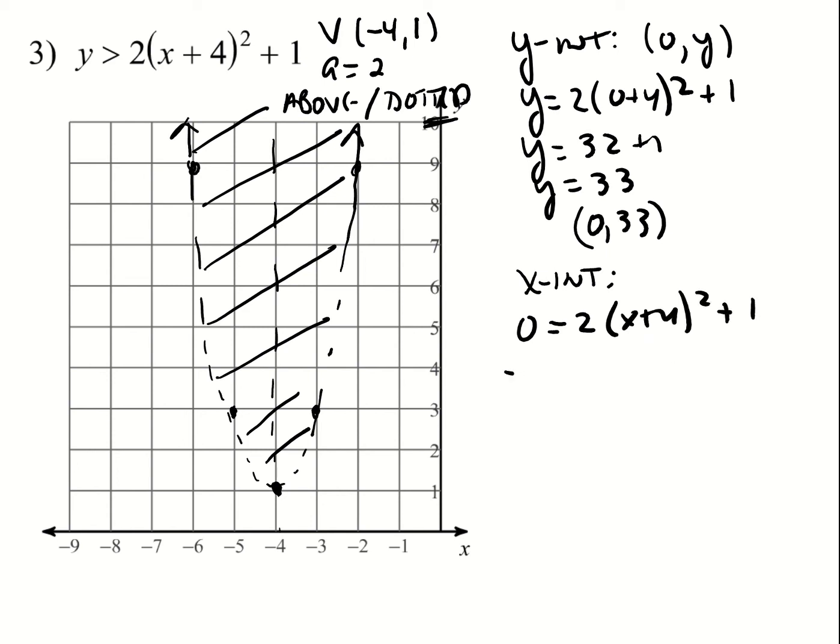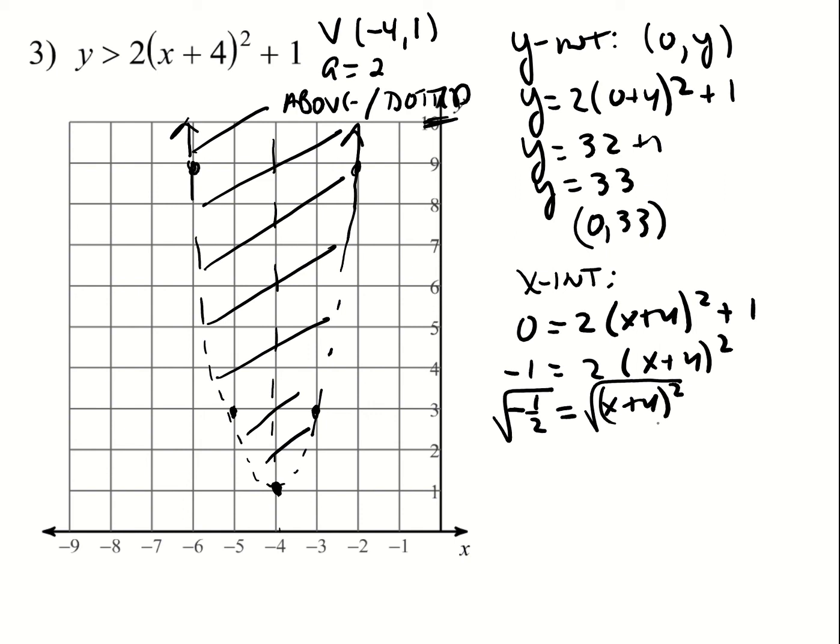Subtract 1, so I get minus 1 equals 2 times x plus 4 squared. Divide by 2, so now I'm going to get negative 1 half equals x plus 4 squared. Then I'm going to take the square root of both sides.